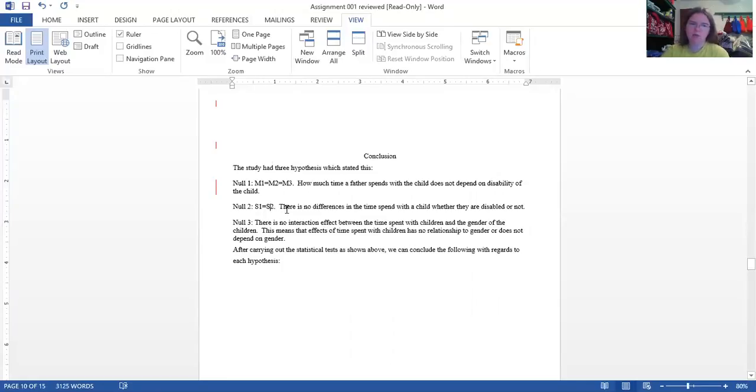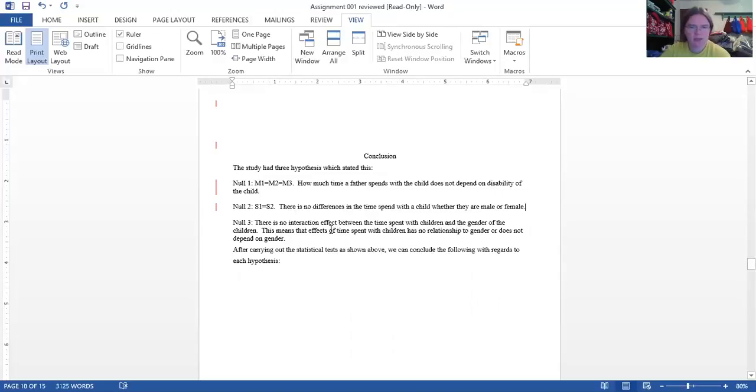This one here, S1 and S2, remember above, is the male-female. So here we would say there's no difference in time spent with the child, whether they are male or female, because the S1 and S2 are talking about male and female. And then this last one, there's no interaction effect between the time spent with the children and the gender of the child.